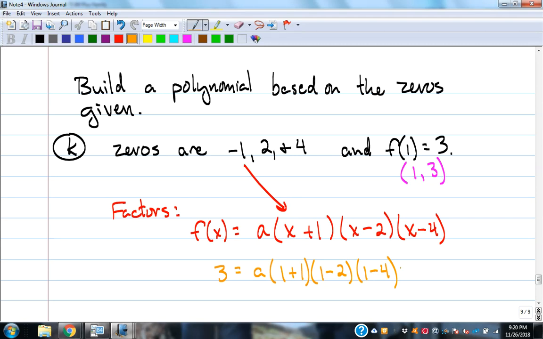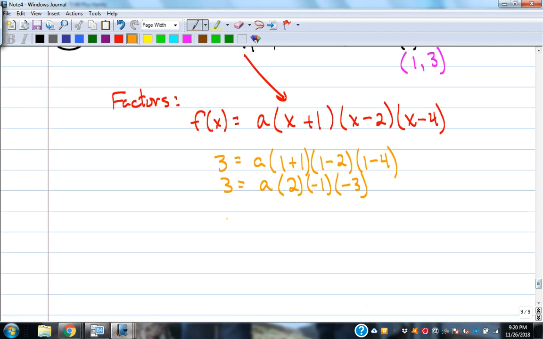Are any of these math problems here hard? No. 1 plus 1 is 2. 1 minus 2 is negative 1. 1 minus 4 is negative 3. So we have 2 times negative 1 times negative 3. So that's going to be 3 is equal to 6A.